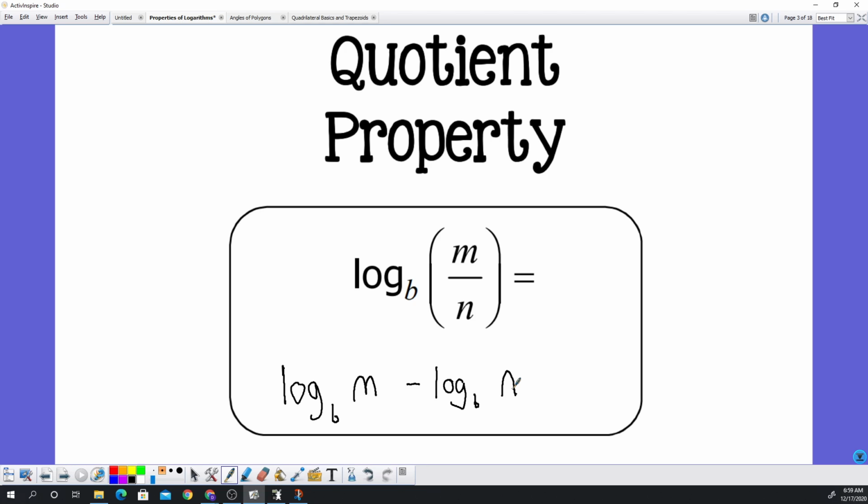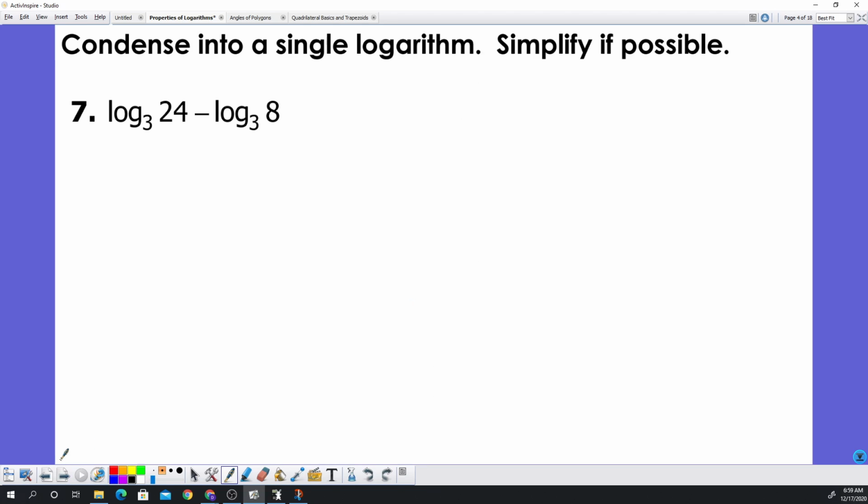So this is another way we can either expand or condense logarithmic expressions or equations and stuff like that.